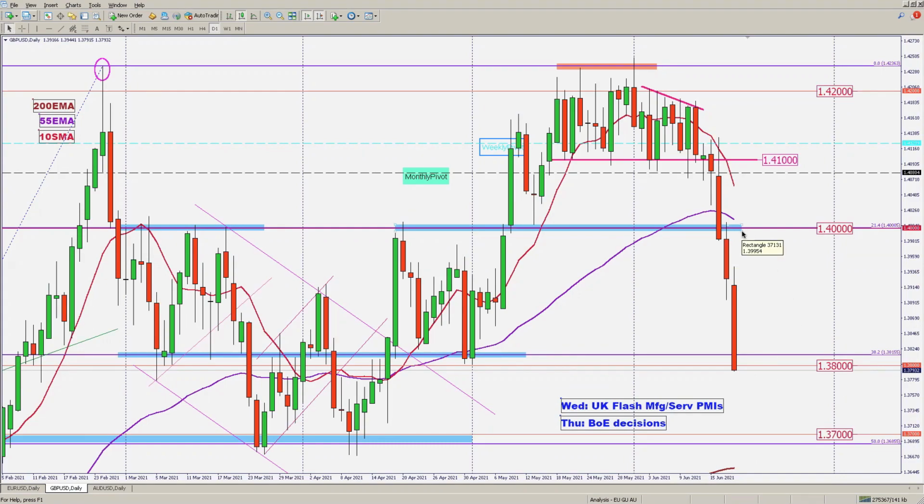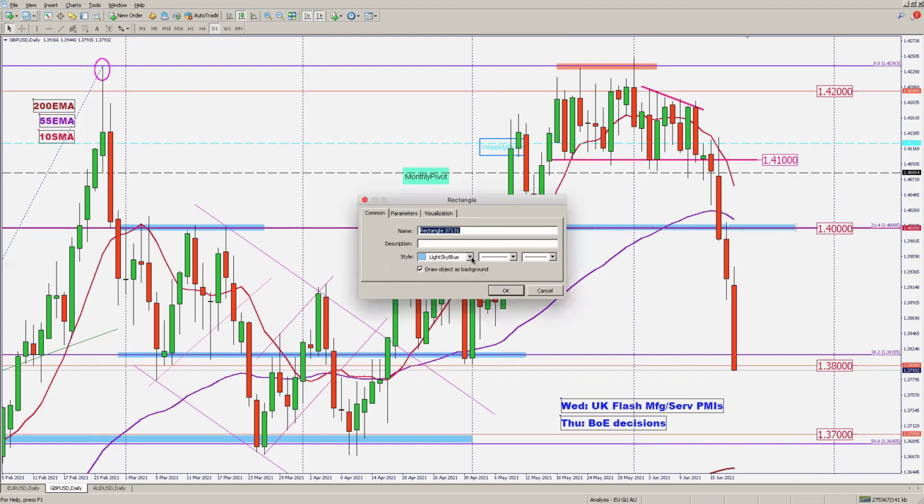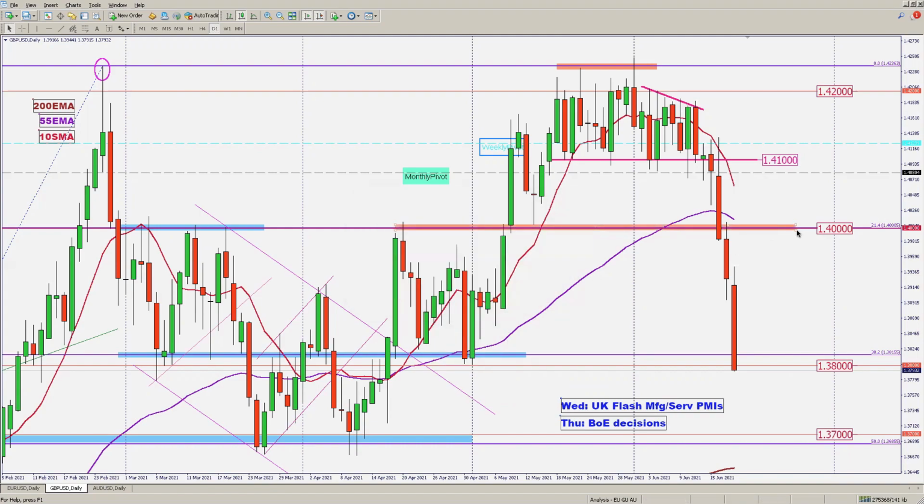So this 140 area is now a key resistance zone. Let's extend this all the way through.